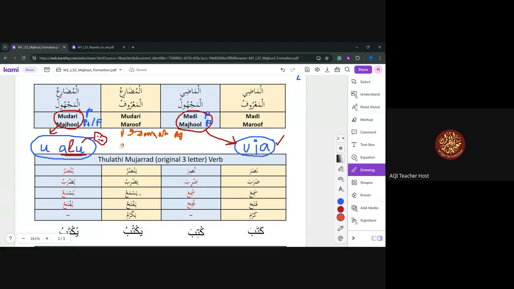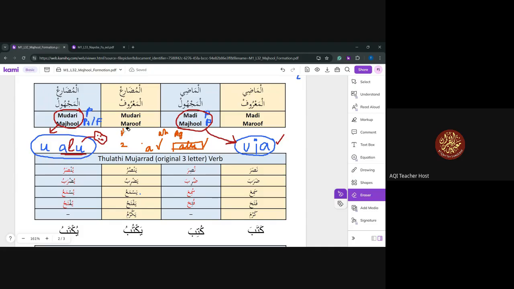The second sign is the pattern. For Madi Majhul, it is I'a, and for Mudari Majhul, it would be Alu. So if you see any word that starts with U, it should trigger your mind that it might be a Majhul verb. Then you see the ending. If it follows the I'a pattern, oh great, that's Madi Majhul. If it follows the Alu ending, then that would be Mudari Majhul.